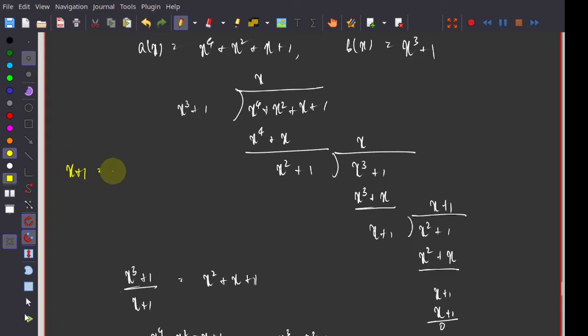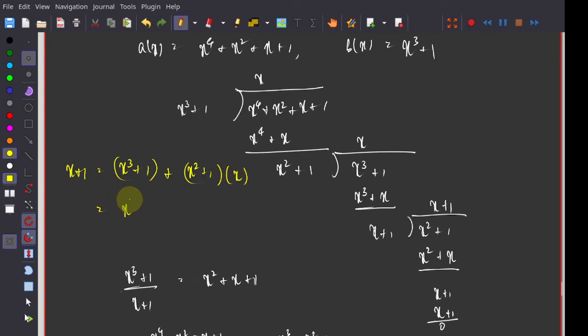X plus 1 is equal to x cube plus 1 minus, or in this case, since we're operating over the binary field, plus x square plus 1 times x, right? Okay, so we have x cube plus 1. Let's leave it as it is. Now which is the remainder over here? It is x square plus 1. Now I'll again rewrite this remainder in terms of the dividend, divisor and the quotient.